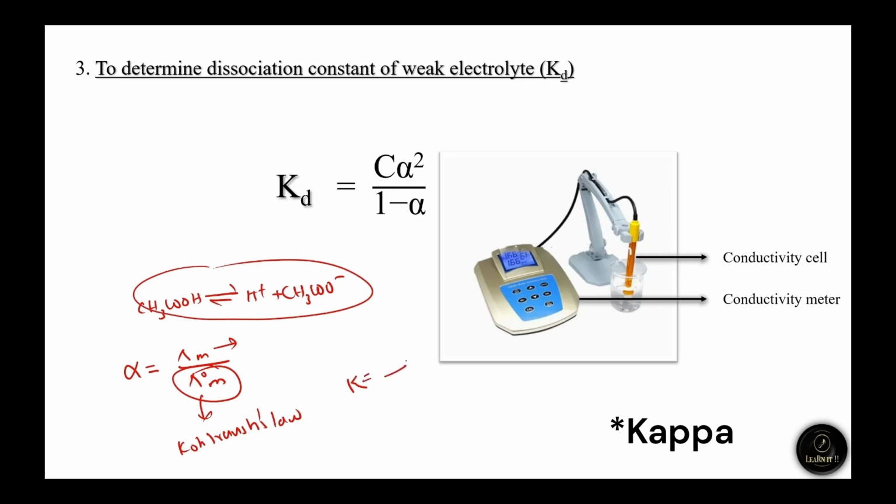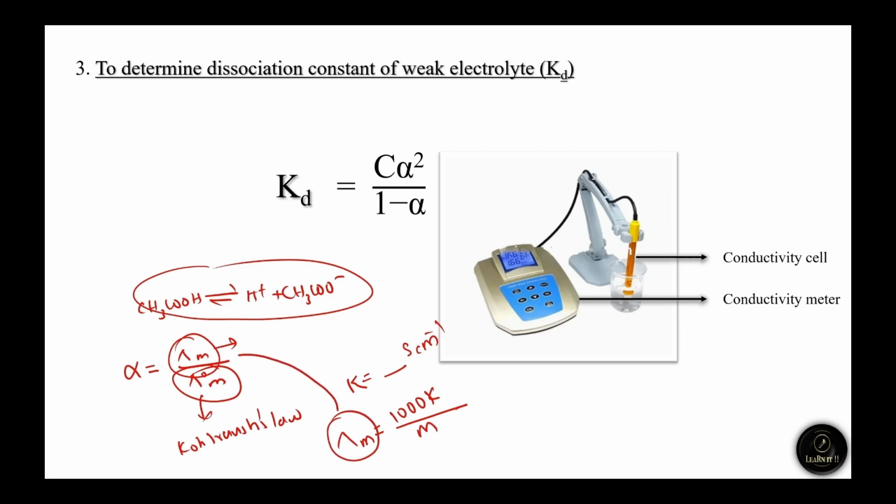It has a certain value, Siemens per centimeter. So we can calculate the lambda m by using the formula 1000 K divided by M, the concentration of the solution that is taken. So by this we can calculate the lambda m, that we can put here, we can get the alpha.